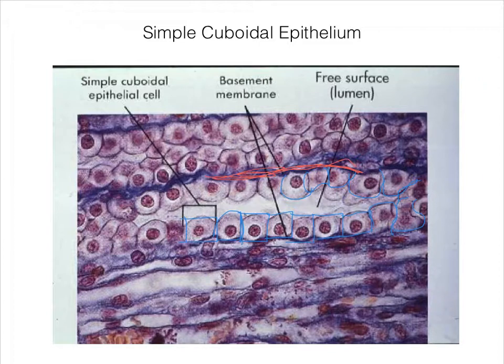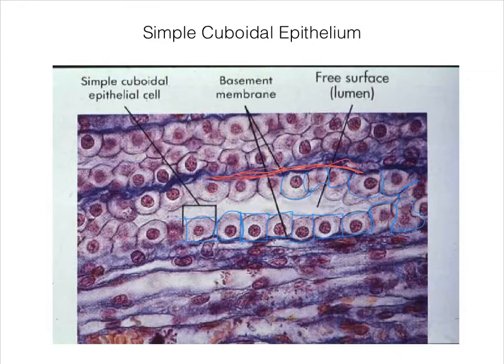And you can see here that from the lumen to the basement membrane, that's just one cell. Now there are more cells up here, but they're on the other side of that basement membrane. So if your cell layers are separated by a layer of connective tissue, even if it's a thin layer of connective tissue, then they're not the same layer.